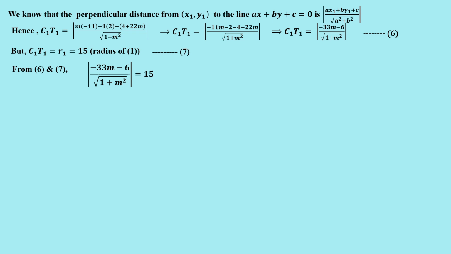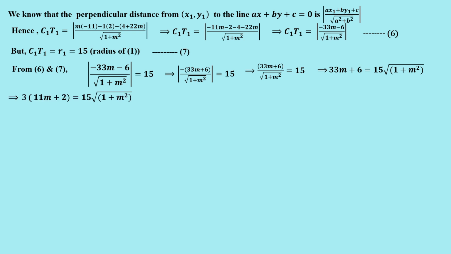From 6 and 7, equating both, (-33m - 6) by root of 1 + m square equals 15. Taking minus common in the numerator, -(33m + 6) by root of 1 + m square equals 15. Taking modulus, you will get a positive value: (33m + 6) by root of 1 + m square equals 15. Cross multiplying, 33m + 6 equals 15 root of 1 + m square.